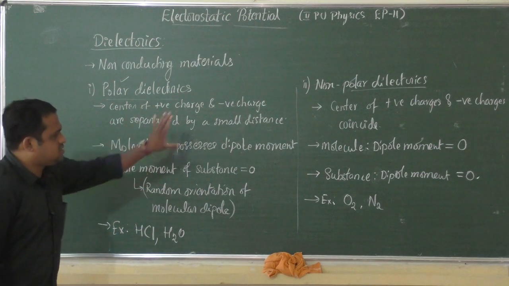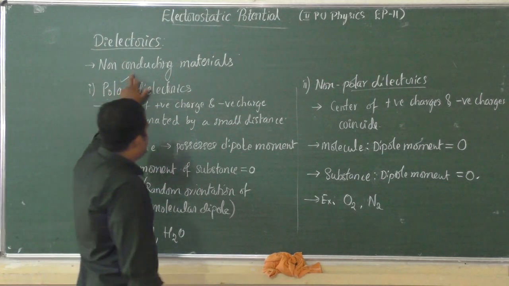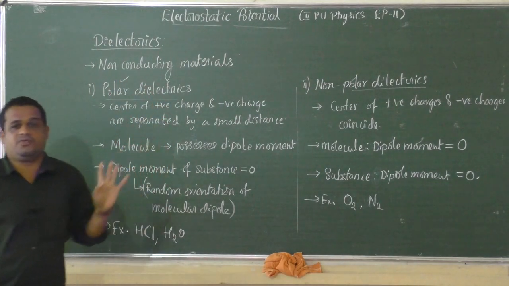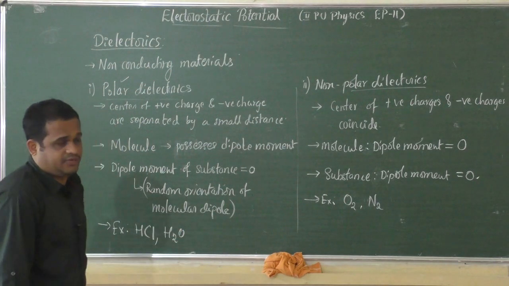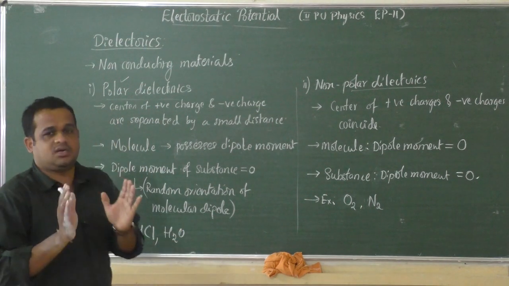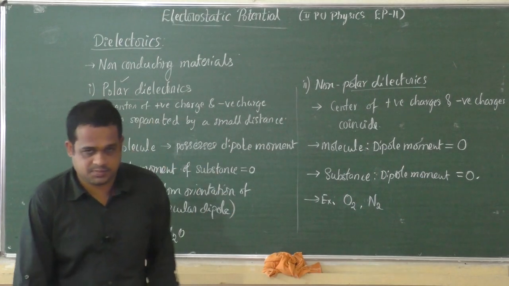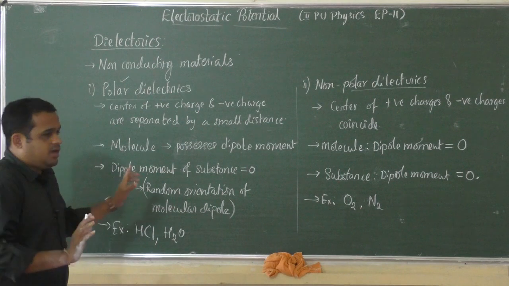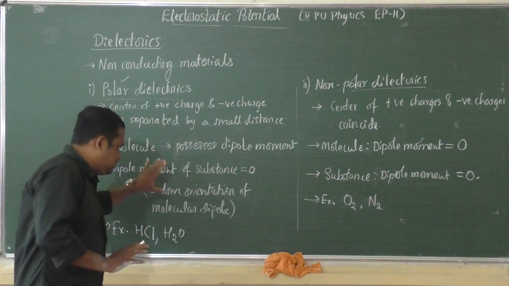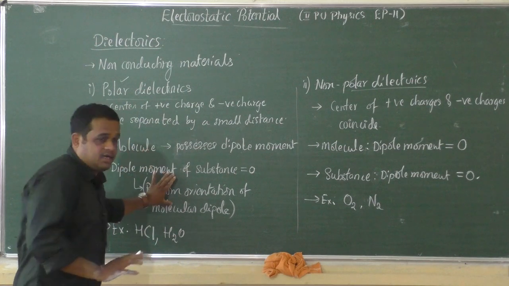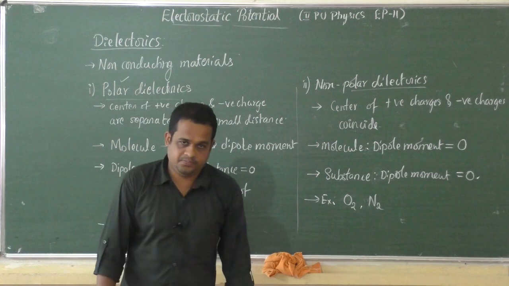Now what we discussed in this case is dielectrics in the absence of external electric field. We considered two dielectric substances, polar and non-polar dielectric substances, and we considered the molecular dipole moment as well as the dipole moment of the substance in the absence of external field.